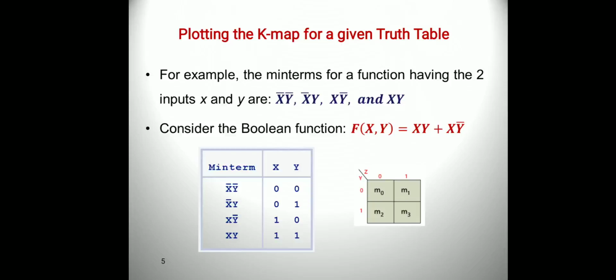Why are there 4 possibilities? Because it is in powers of 2. There are 2 variables, therefore 2 raised to 2 is equal to 4.